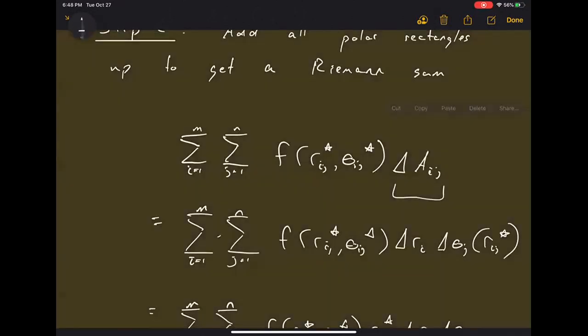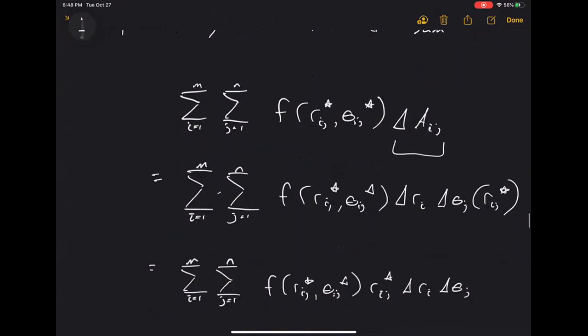And we've just seen that we can rewrite this area as the radius of my particular box times delta r_ij times delta theta_ij, where I have this average radius for my box ij.